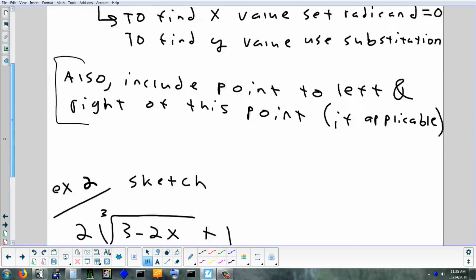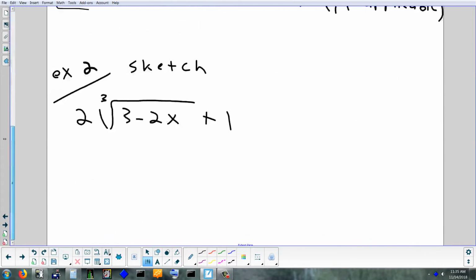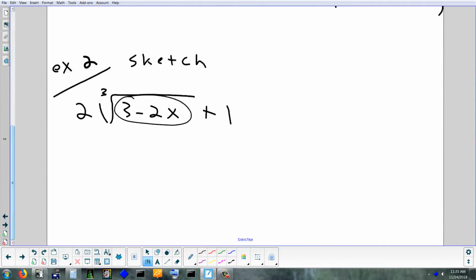Right, so let's make our sketch. To find the x value, set the radicand equal to 0. There's your radicand. 3 minus 2x equals 0. Okay, I would just add the 2x to the other side. And Emily, what would I divide by to get x alone? 2.